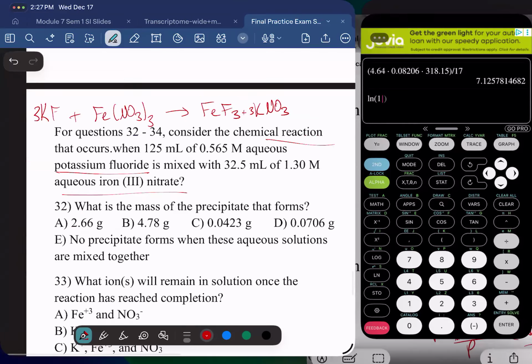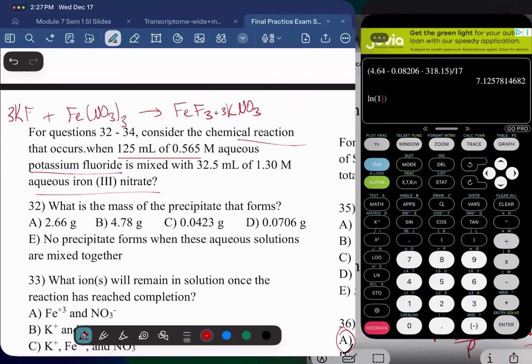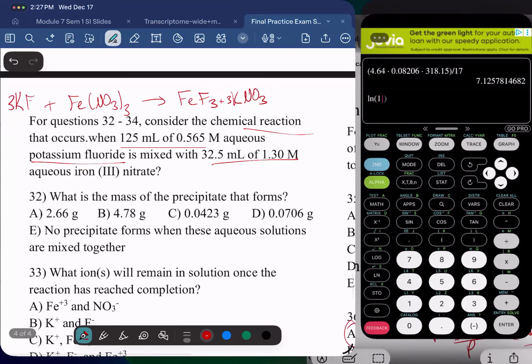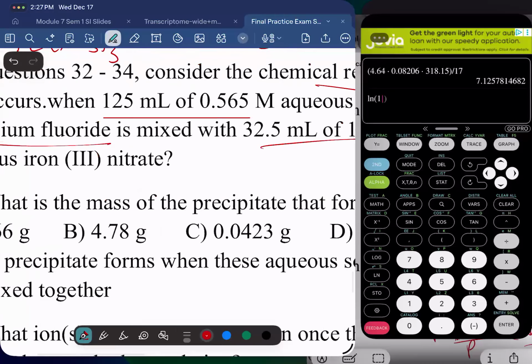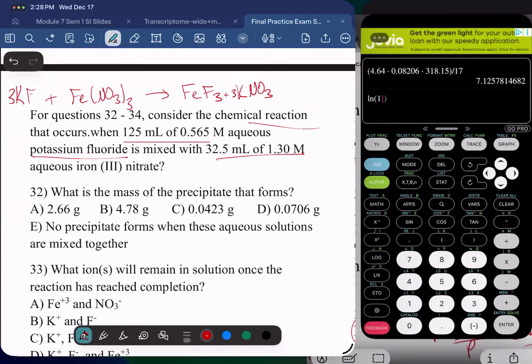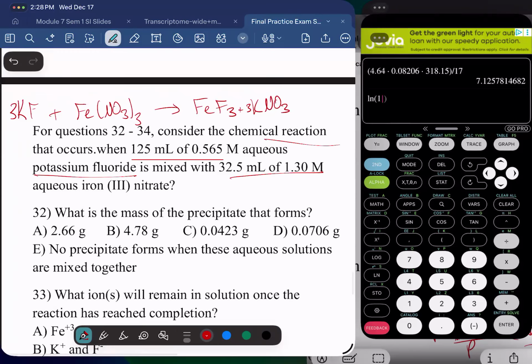And so what we see here is they give us a certain reactant amount of potassium fluoride, and they give us a certain amount of iron 3 nitrate. When they ask about the mass of precipitate, we have to actually do some stoichiometry, and specifically limiting reactant, because we have two different reactant amounts.